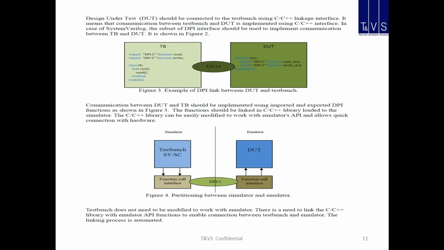The implementation of the function is done in C. So here we can clearly see the partition between the emulator side and the simulator side, so that there is no requirement of any additional modification for the existing test bench used for functional verification. The same test bench can also be used since it is clearly partitioned, and can be used during emulation.